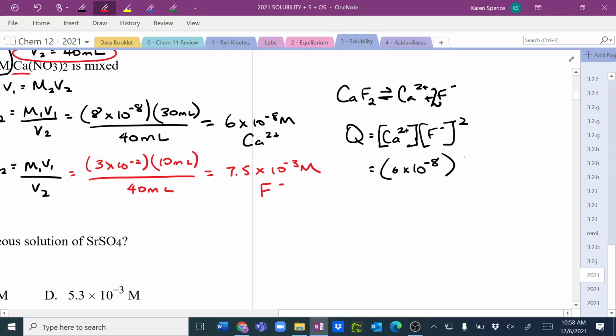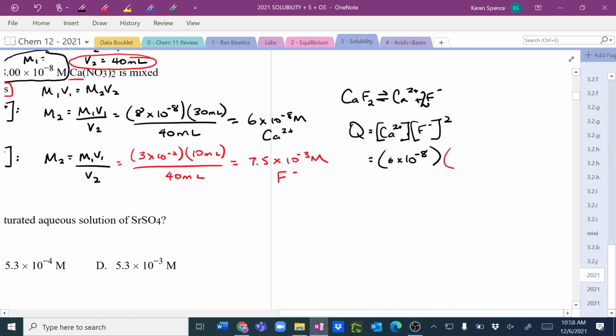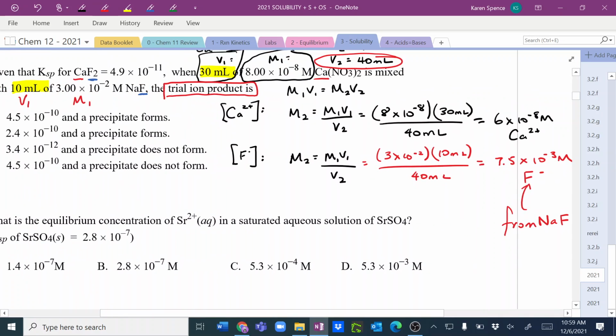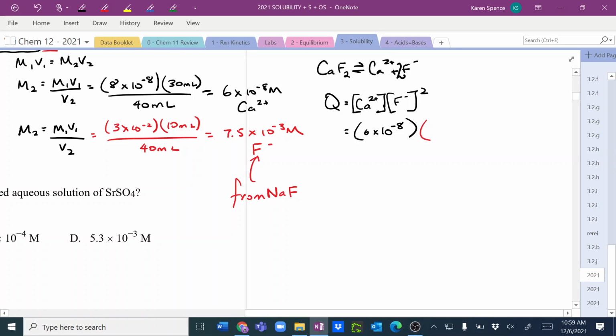Fluoride, do I multiply by 2 before I plug it in? Tell your partner. This came from NaF. So what is the concentration of fluoride?